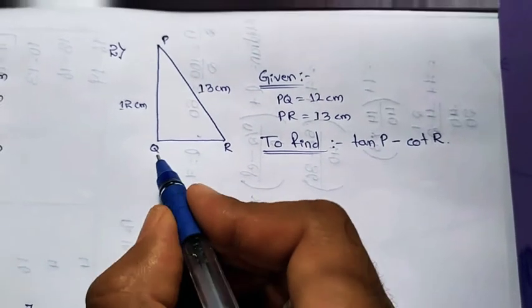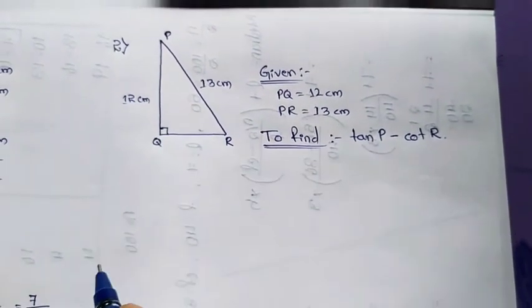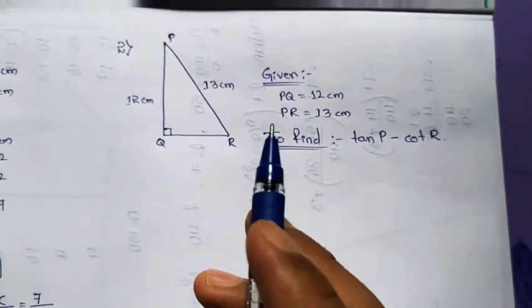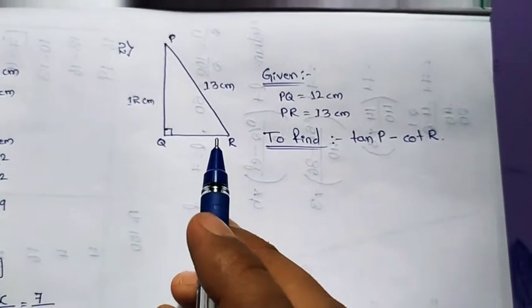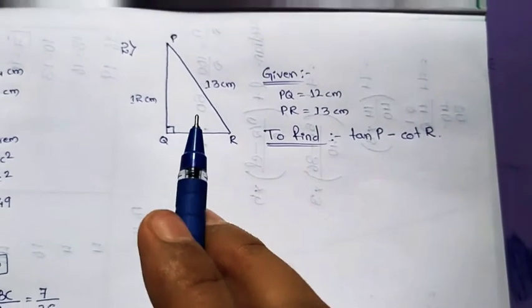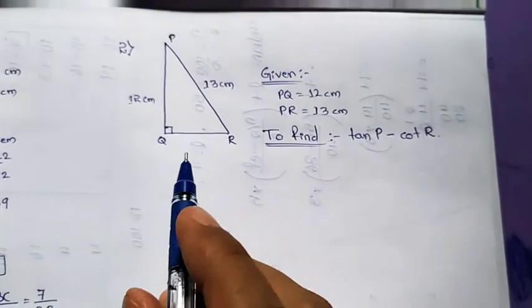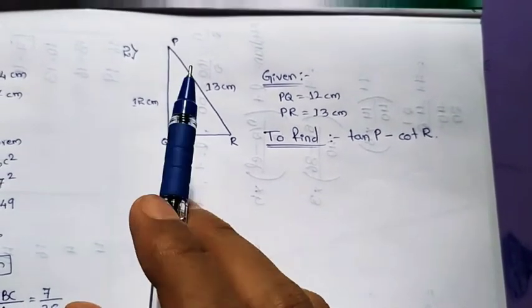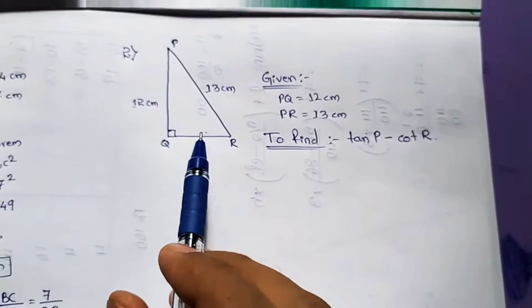But the right angle symbol is given at Q. It means it is a right angle triangle. If they are giving trigonometric ratios, then the triangle will always be a right angle triangle. If Q is the right angle, then PR is the hypotenuse.